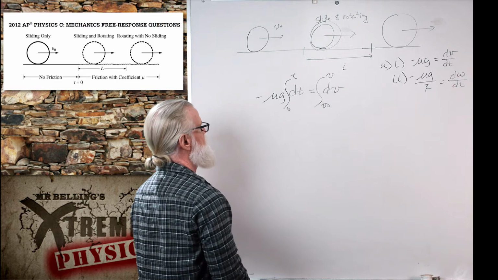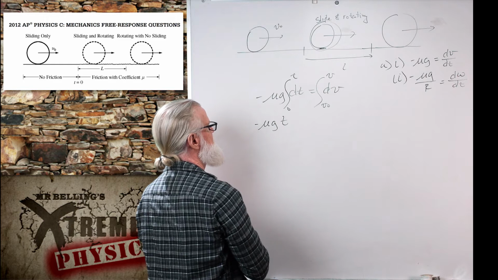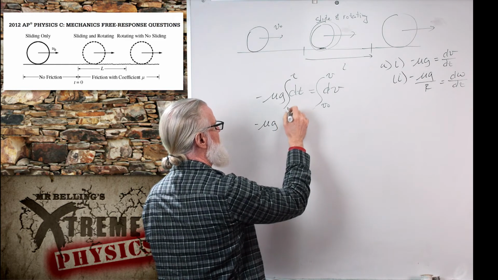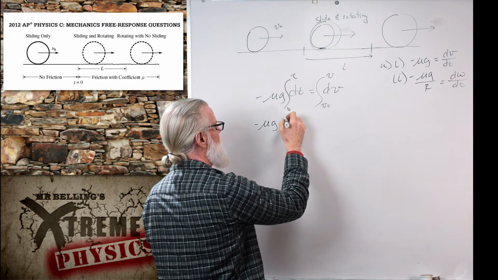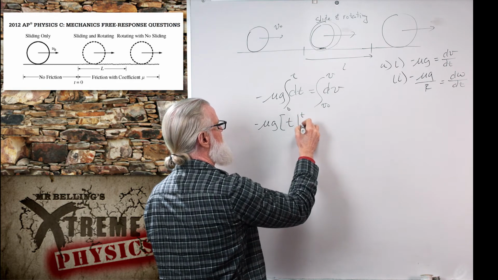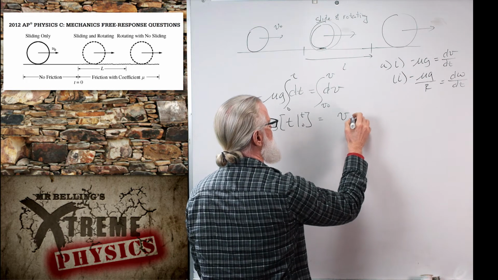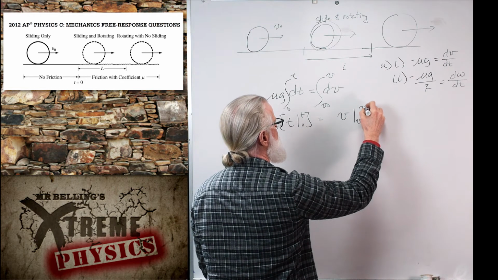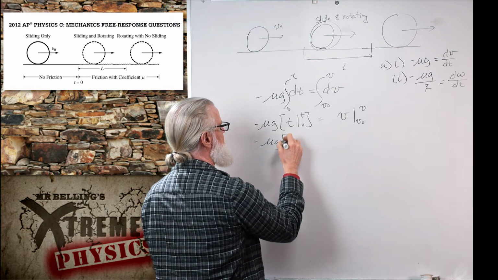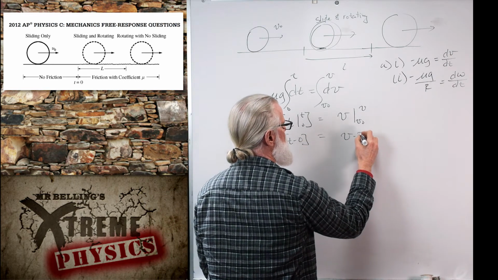All right, so this is minus mu g t, because if I integrate dt, I just get t, and t goes from 0 to t, equals, and this is just v, v0 to v. Minus mu g t minus 0 equals v minus v0.